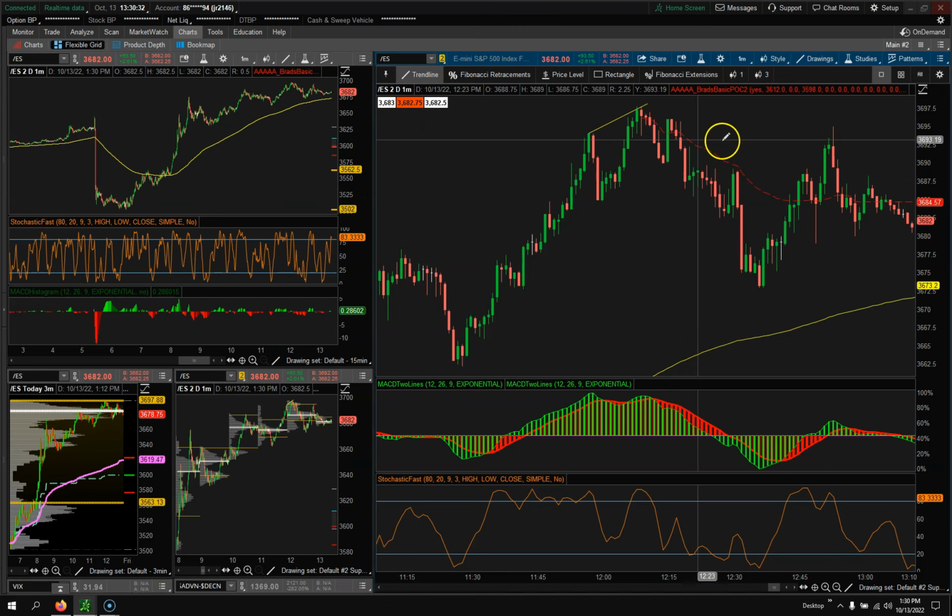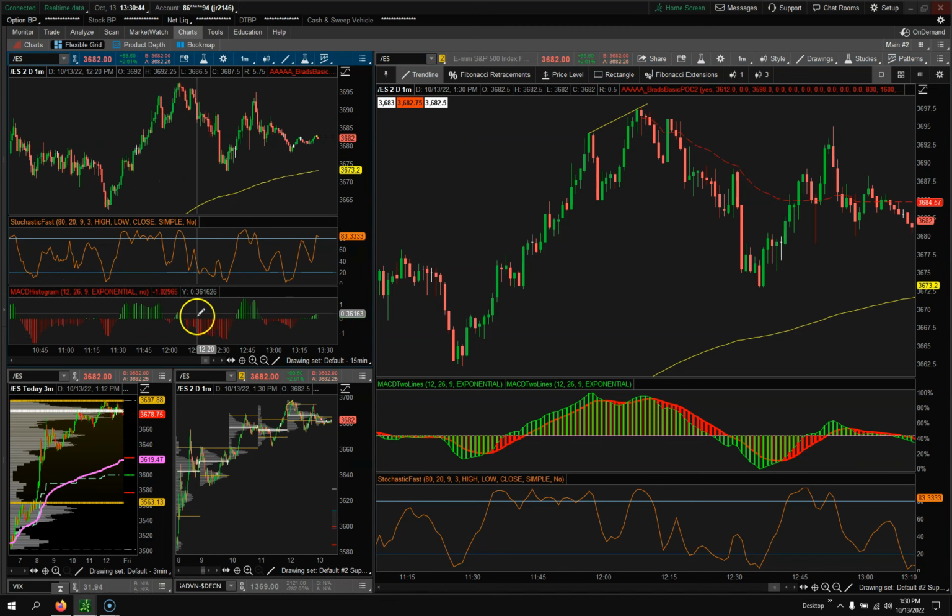Okay, so now this chart over here is the same 1 minute chart, just no anchored VWAP on this. But I actually added just a histogram MACD. The reason I do this is because I'm looking for divergences at the highs or the lows.